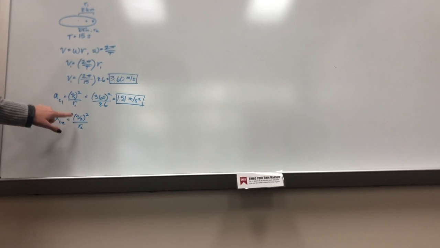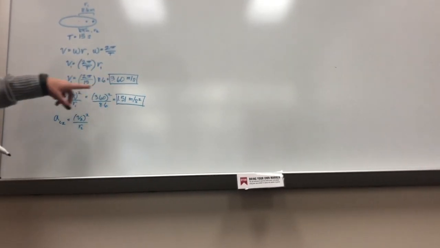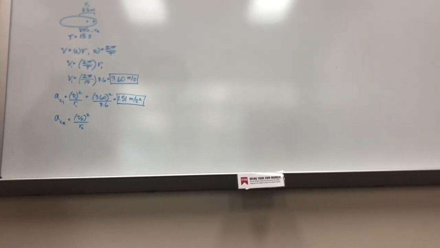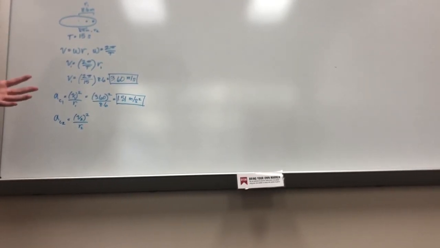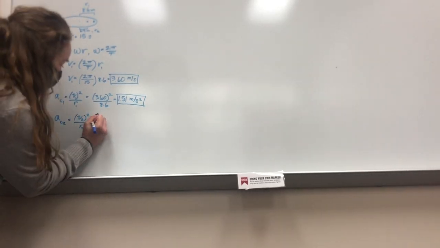So in this case, we don't know the velocity at the second location. We knew it for the first one, but we don't know it for the second one yet. So I'm going to go ahead and use other formulas to substitute in until we can get to a point where all of the variables are a quantity we already know. In this case, the way I chose to do it was by redefining velocity.